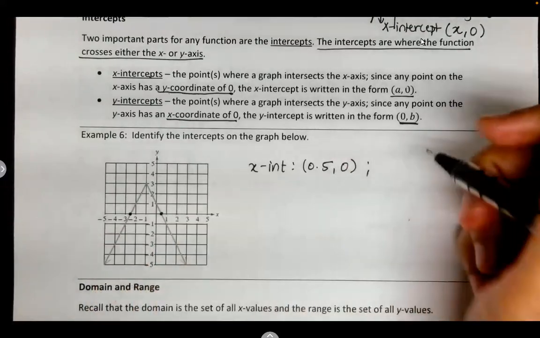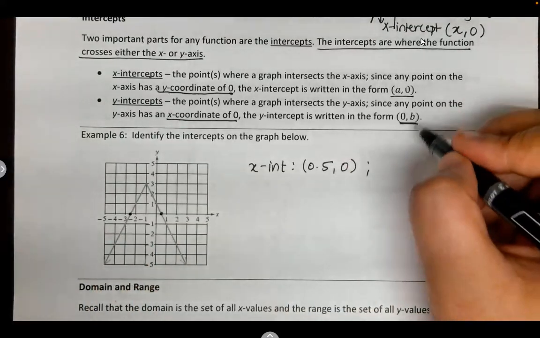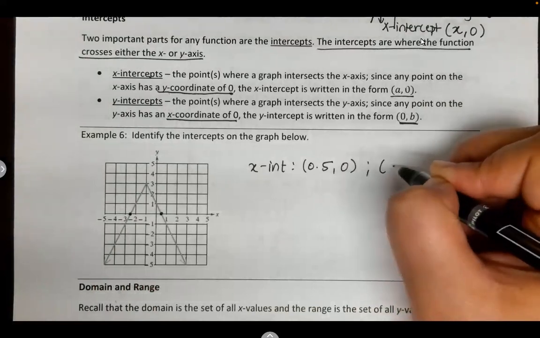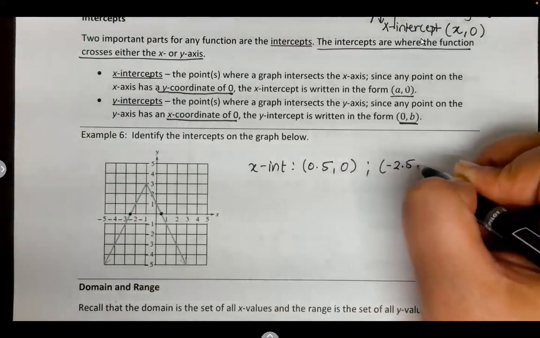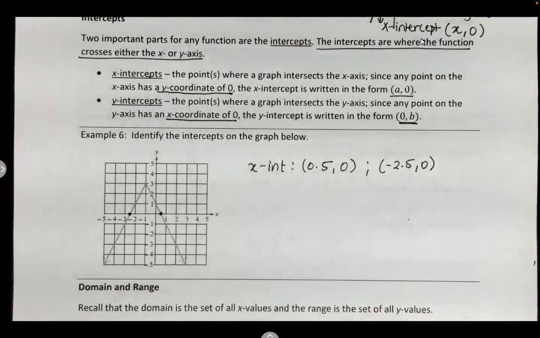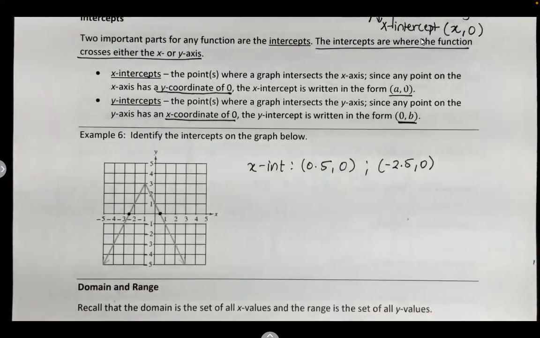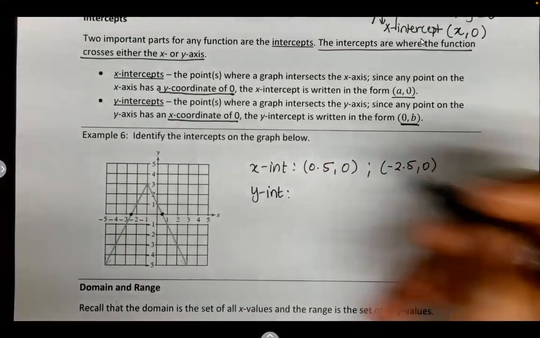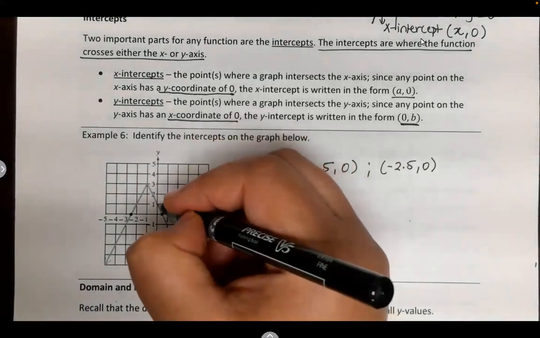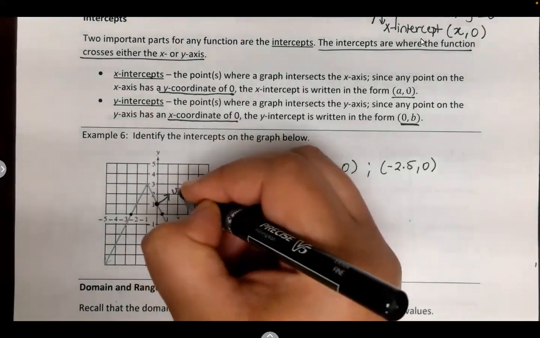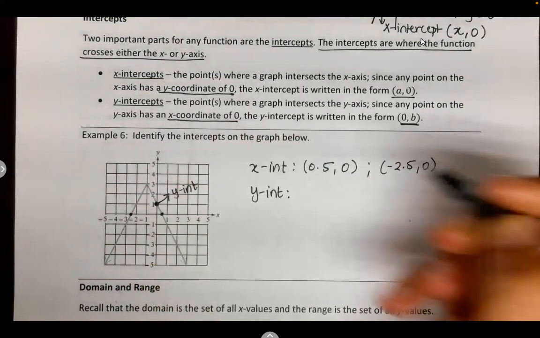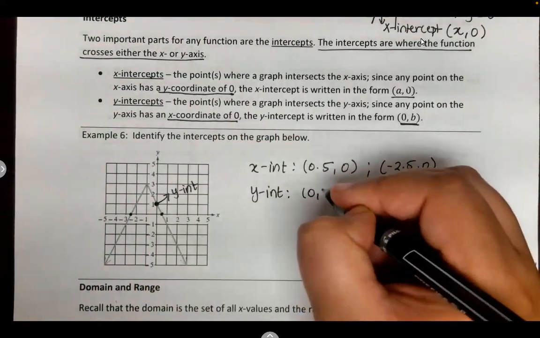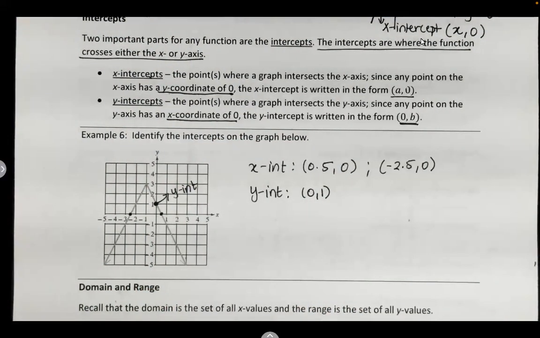There is one more on the other side between -2 and -3, so we can have -2.5, comma 0. There is one y-intercept also on the graph that we are able to trace. That is over here. This is going to be your y-intercept, and that is 0, comma 1.